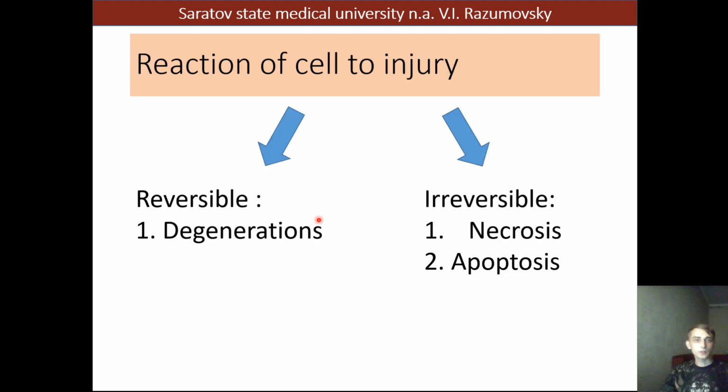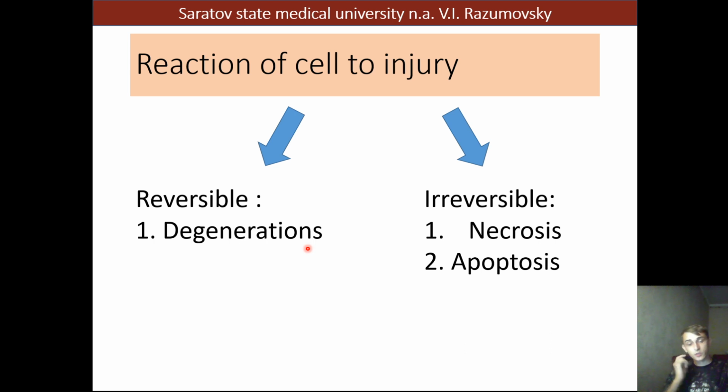But every cell, in response to injury, may have two reactions. It may have reversible injury and it may have irreversible injury. Today we will talk about reversible injuries. Our talk will be about degeneration or dystrophies.